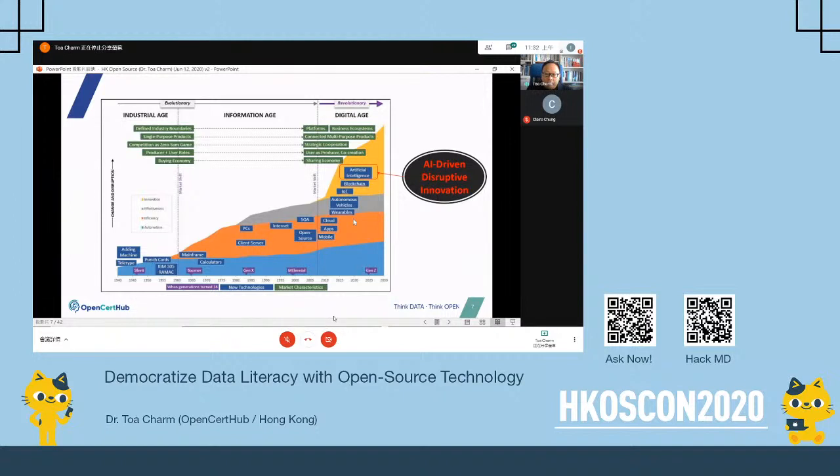Even when we are talking about open sources, a lot of tools and technologies, we are actually very much focused, or the starting point is from the technology. But I would suggest we start from the top, the upper part of this chart, which is all these creative business models created from these blue boxes, the technologies.